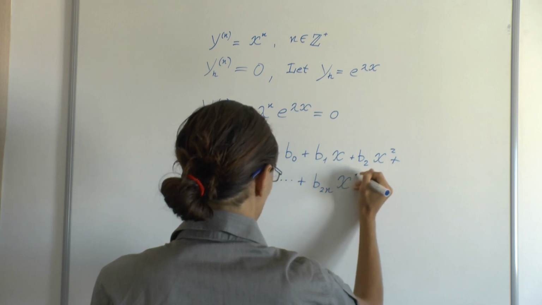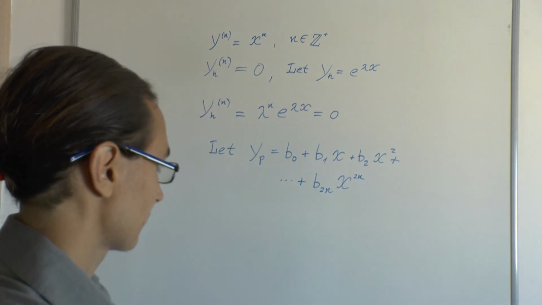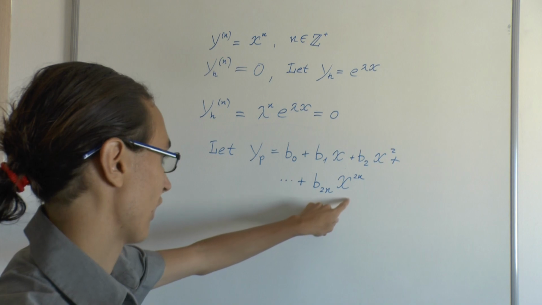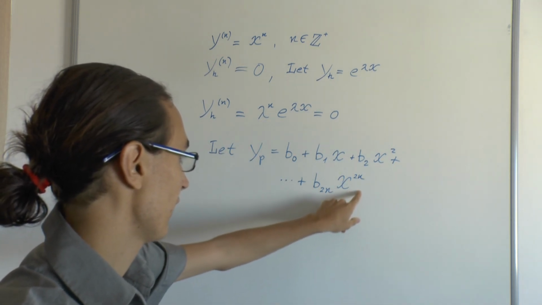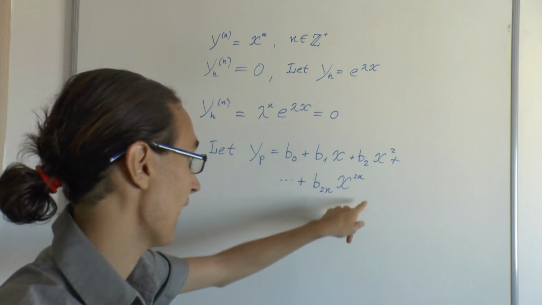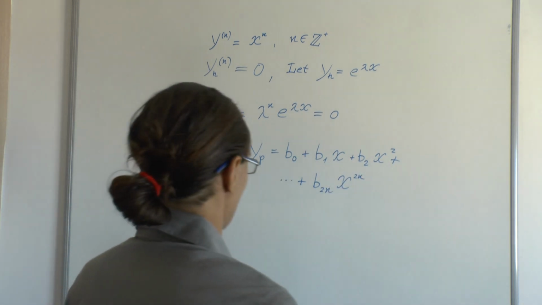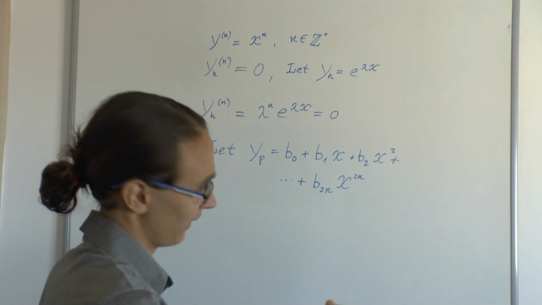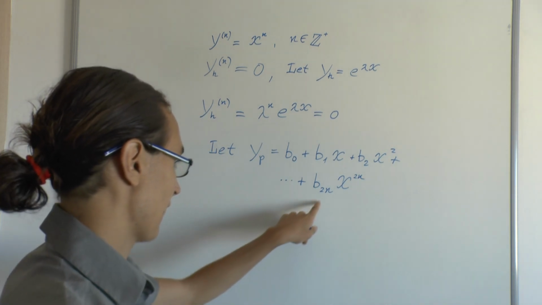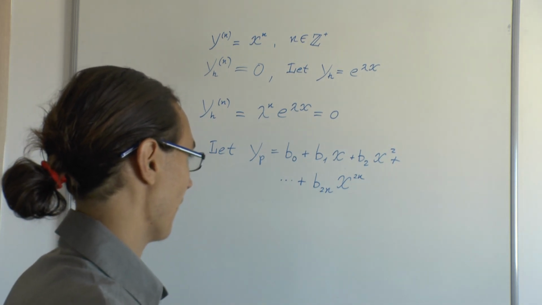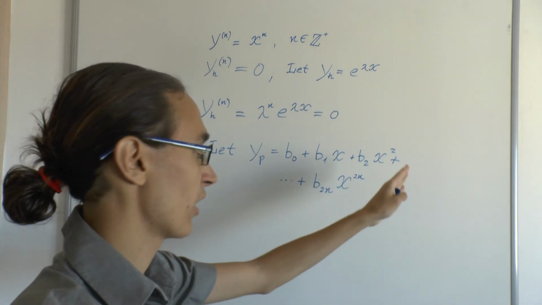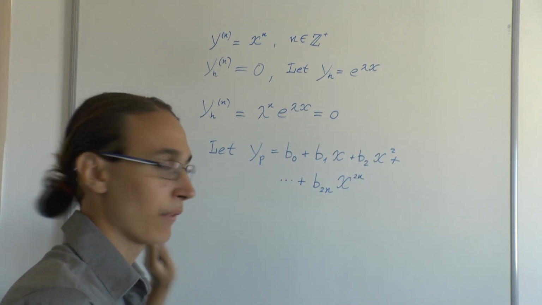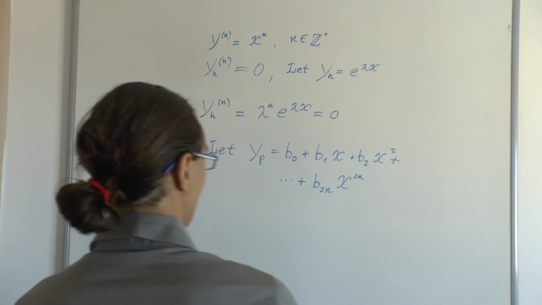Since this is our last term, when we differentiate it n times, this term reduces to x to the n, since 2n minus n is n, times some constant, which is this b_{2n}. So we're actually going to want to determine what this is. All the other constants, we don't have to care about them, you'll see why.